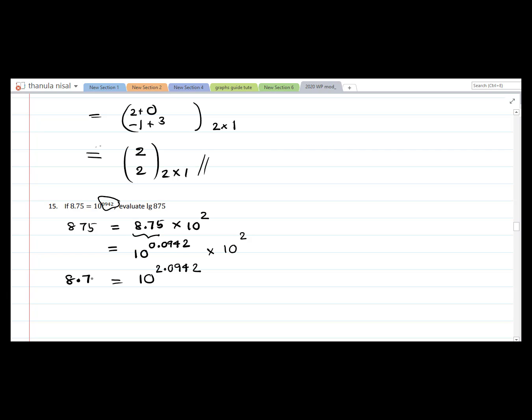Now 875 is equal to 10 to the power 2.0942. Therefore, when taking the logarithmic value, if we write 875 as a power of 10, that index is known as the logarithm of 875. Therefore, this answer should be 2.0942.